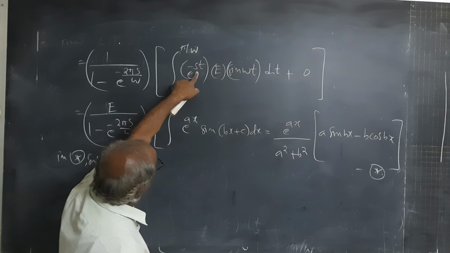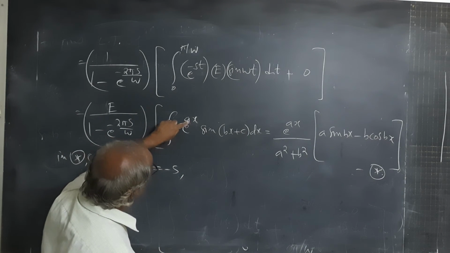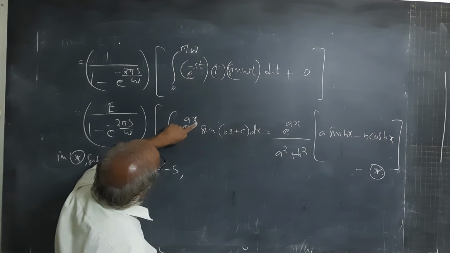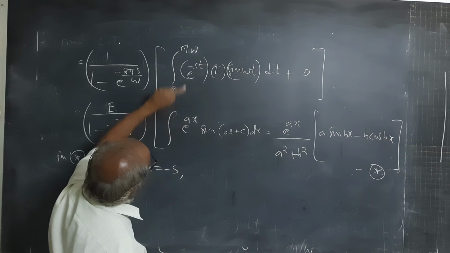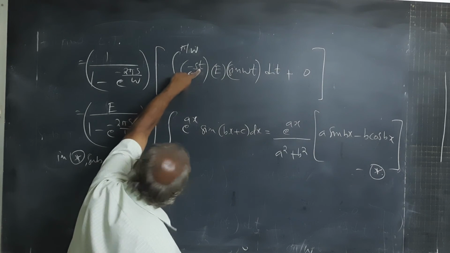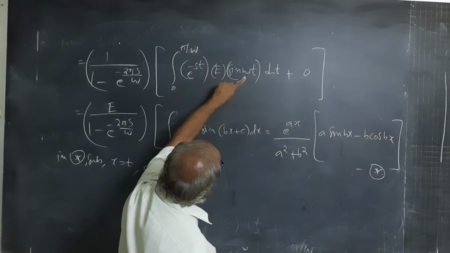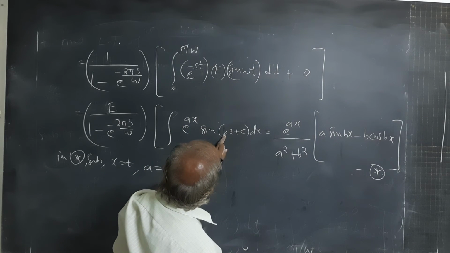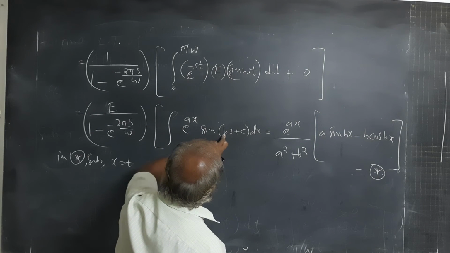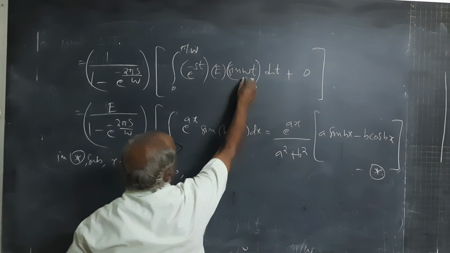What is a? A is equal to minus s. Compare, very important: a is equal to minus s, x is equal to t. Next, E I have taken outside, sin omega t, sin bx, so b, observe, b is equal to omega, I am showing it by arrow mark.